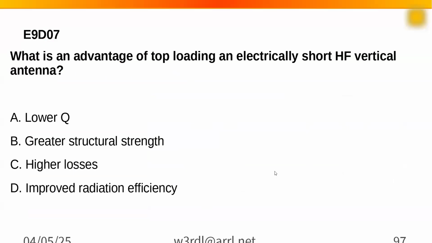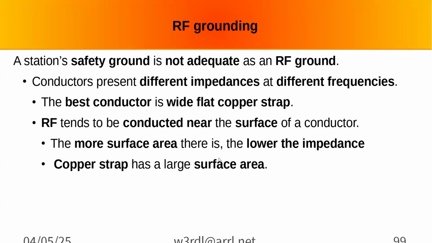So what's an advantage of top loading an electrically short HF vertical antenna? Oh, and RF grounding, there's no question, but everybody knows.